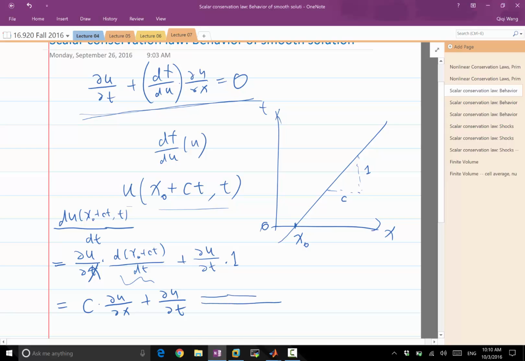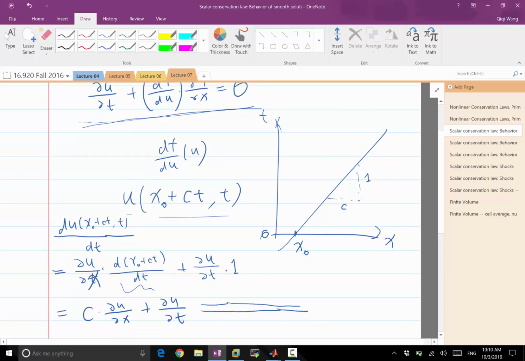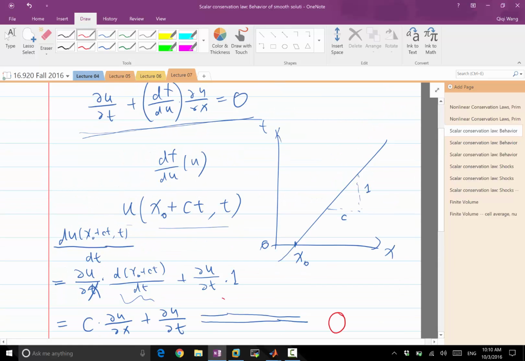According to the original differential equation, this whole term is equal to 0 when c is equal to what? If c is equal to df/du, this whole thing is going to be equal to 0.